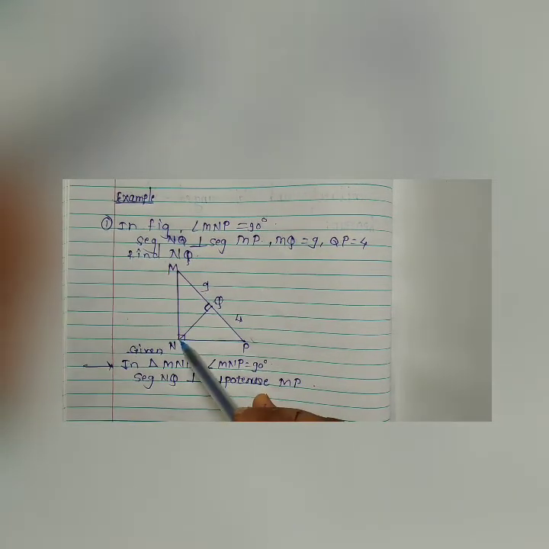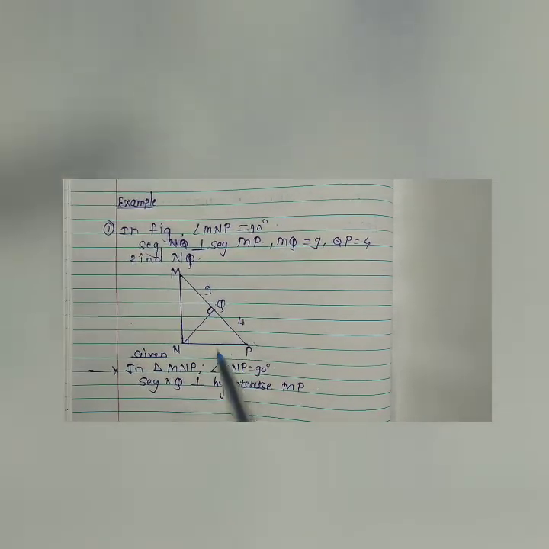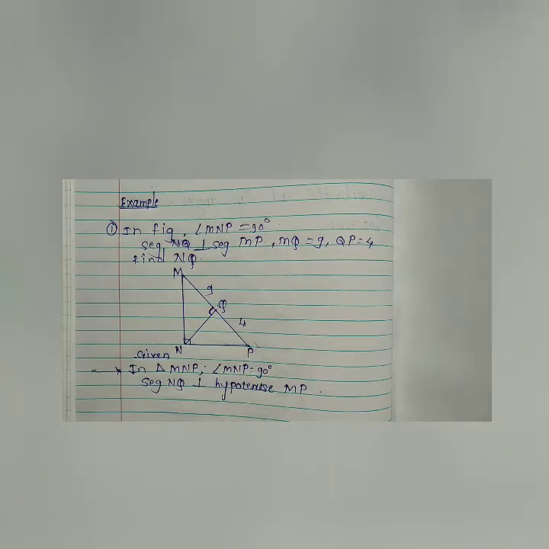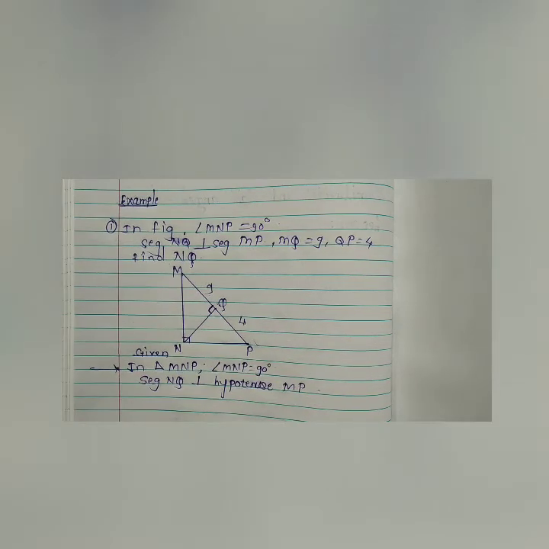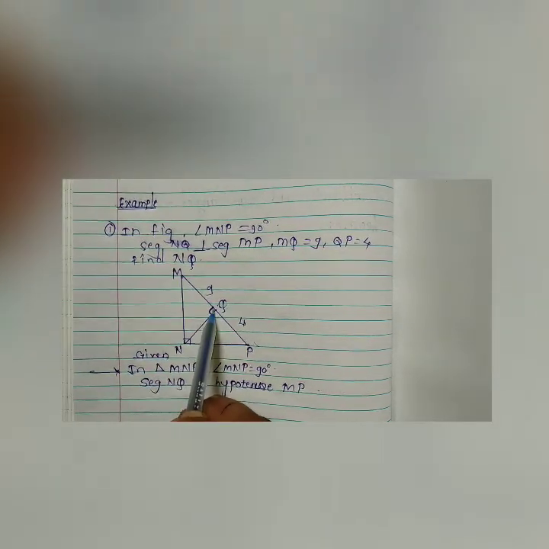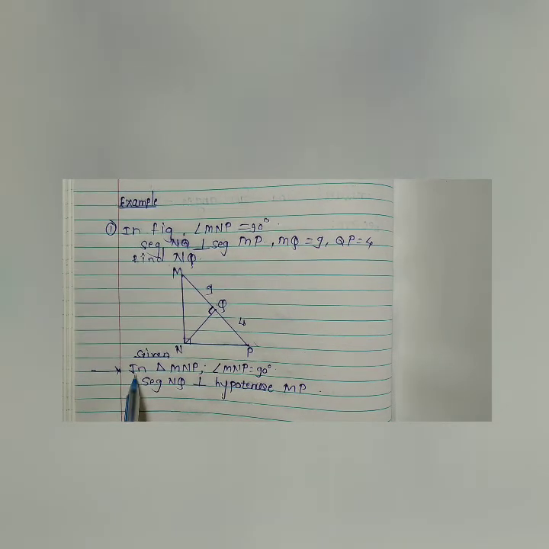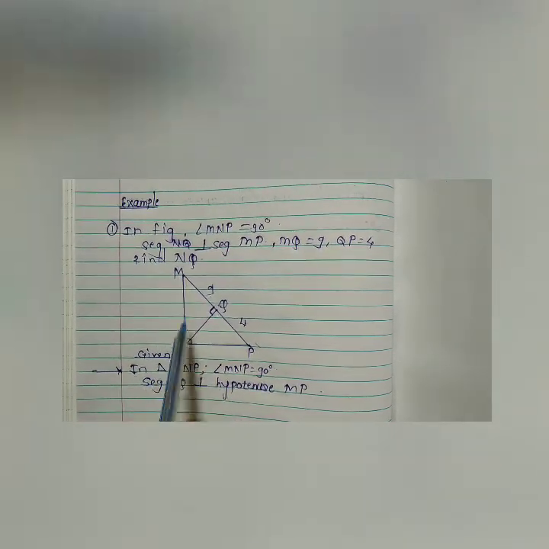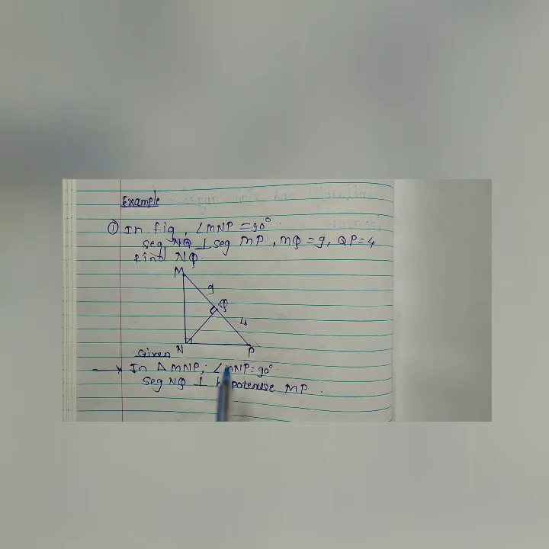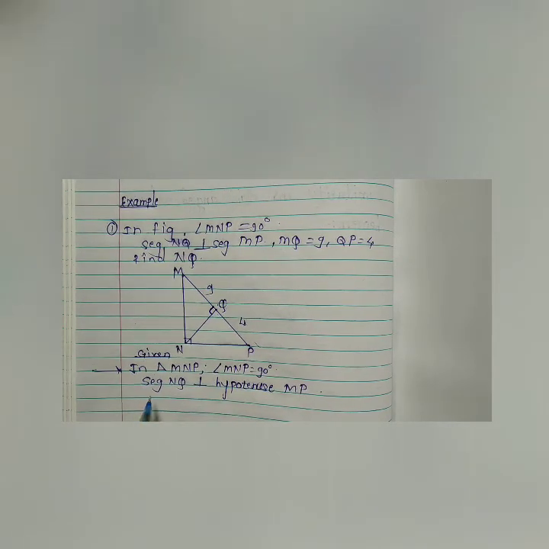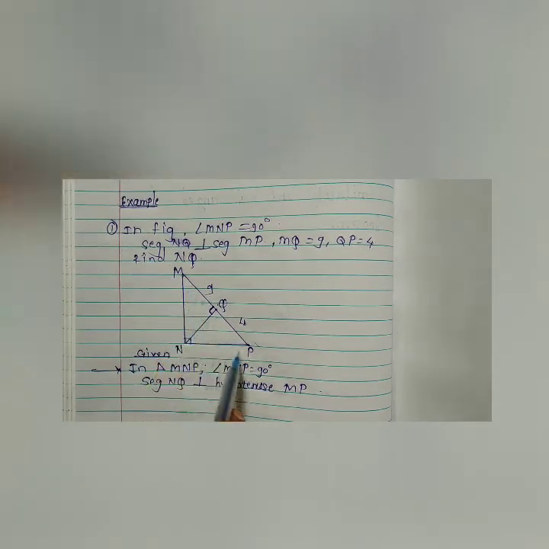Here segment NQ is perpendicular to hypotenuse MP. Therefore, by using theorem of geometric mean, NQ is the geometric mean of segment MQ and segment QP. Therefore, solution: given in triangle MNP, angle MNP is equal to 90 degree and segment NQ is perpendicular to hypotenuse MP.